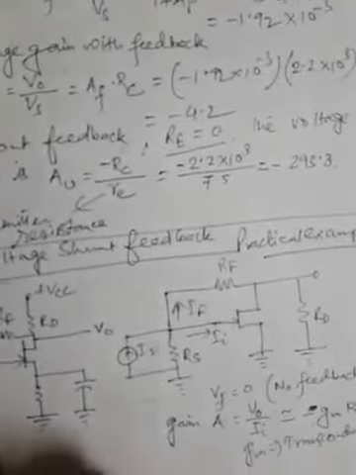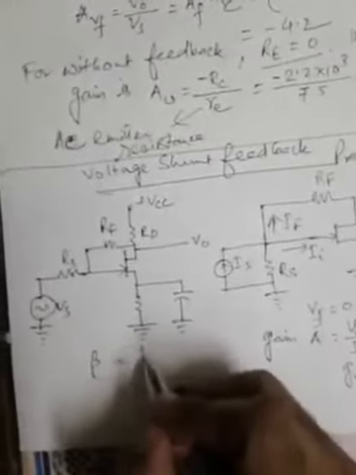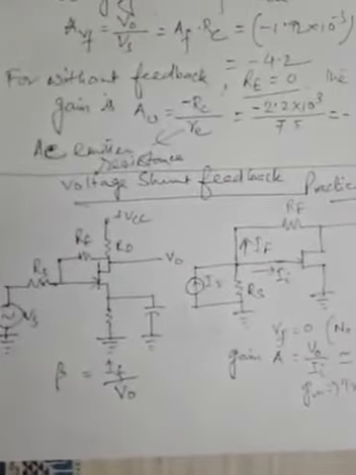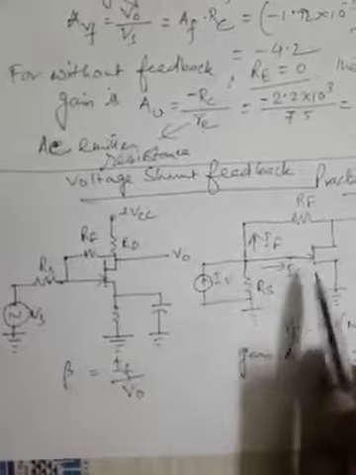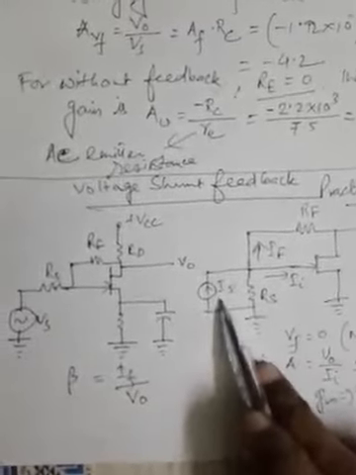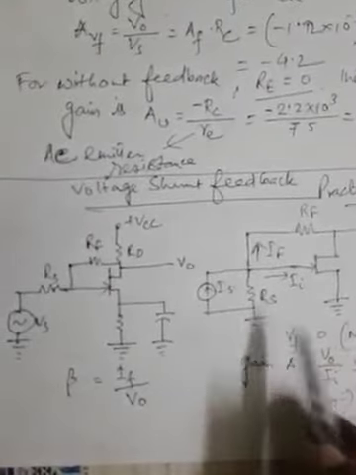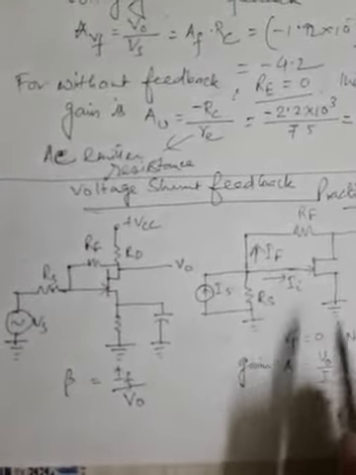The feedback ratio beta is given by IF by VO. We are taking it in terms of current because in the equivalent circuit we have IS, so we need to take the feedback in terms of IF, not in terms of VF.